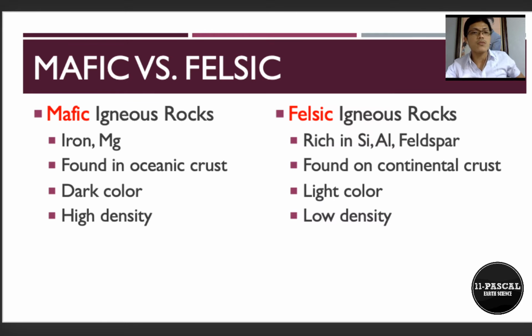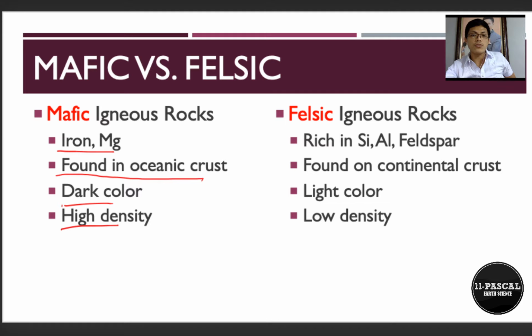So what's the difference between mafic and felsic? So mafic igneous rocks are actually composed mostly of iron and magnesium. And they are found in oceanic crust, which makes them denser, or they have higher density, and they are dark in color.